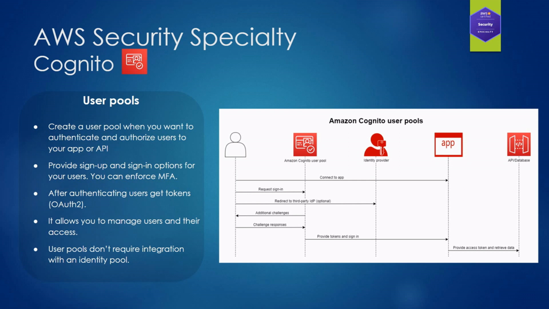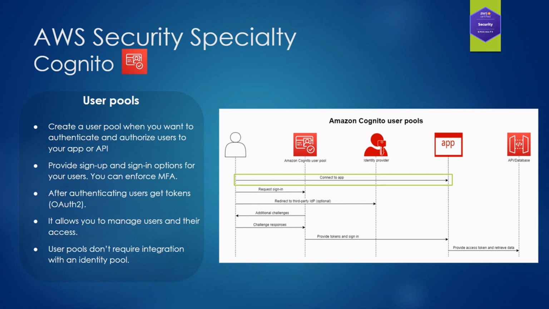And that includes an ID token that contains information like the username, email, or phone number, the access token to authorize user access to your resources, and the refresh token that is used to get new IDs and access tokens. User pools don't require integration with an identity pool, so you can use them in a standalone mode. And from a user pool, you can issue authenticated JSON Web Tokens directly to the app, a web server, or an API.